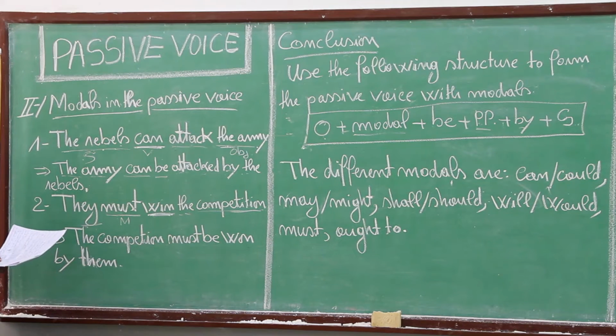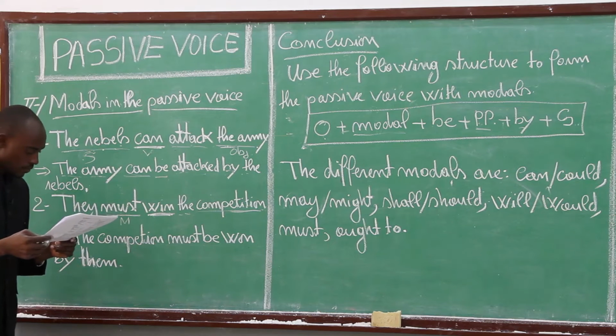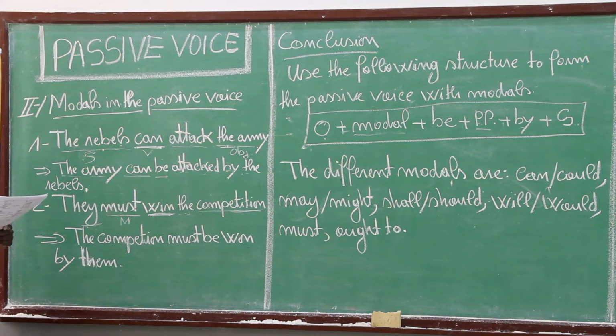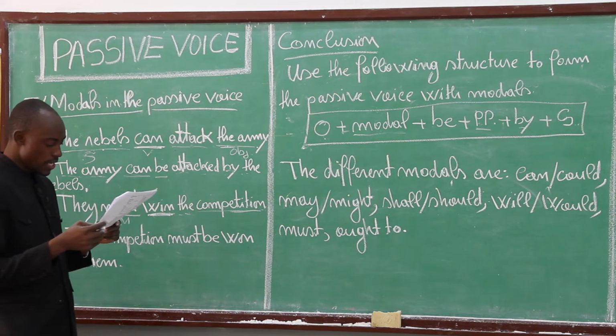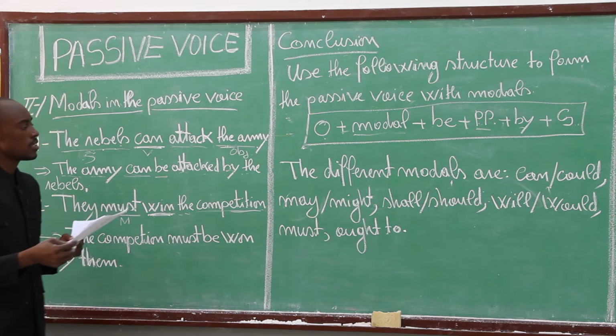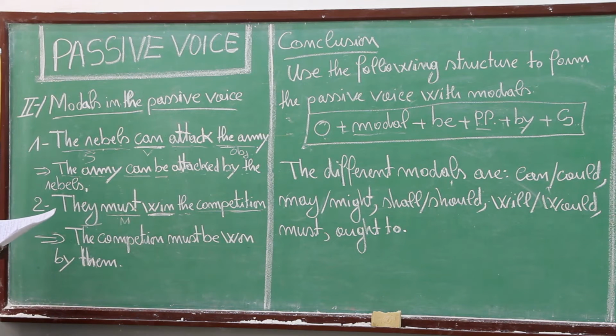I give you time to take notes before keeping on. The different modal verbs are ought to, should, must, can, will, would, may, might, shall. These are called modal verbs.